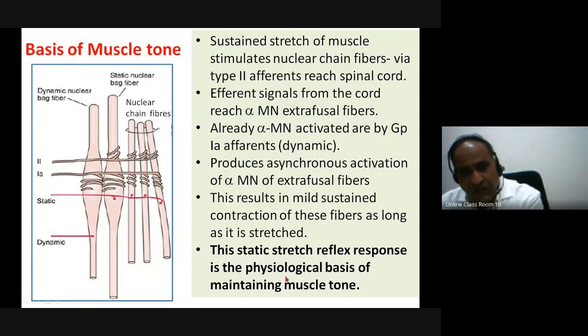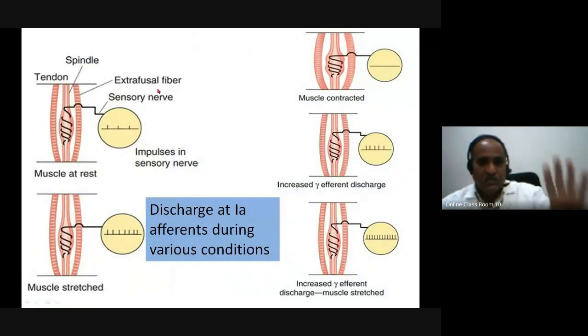Okay, let us go further here. If you just look at that, we have the muscle spindle here. It is at rest. When it is at rest, there is some amount of stretch, and you see that the activity is there in the sensory fiber, in the group 1A fiber. This activity is there.